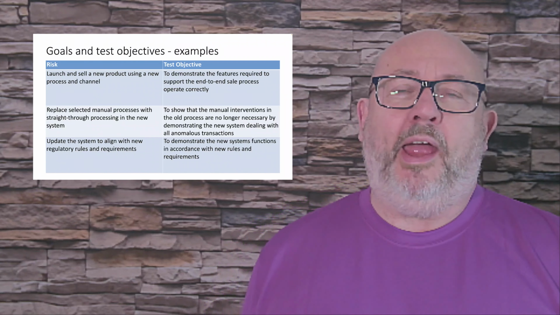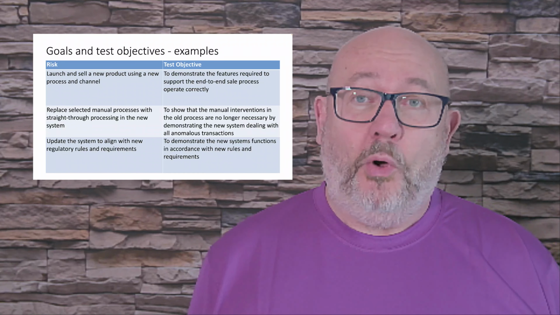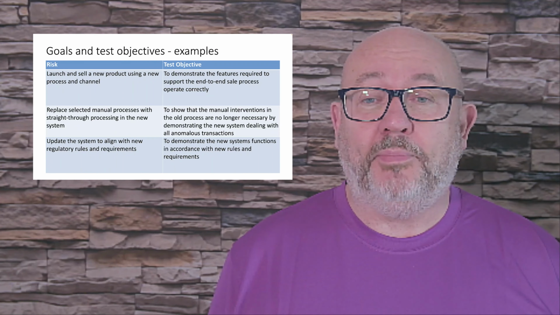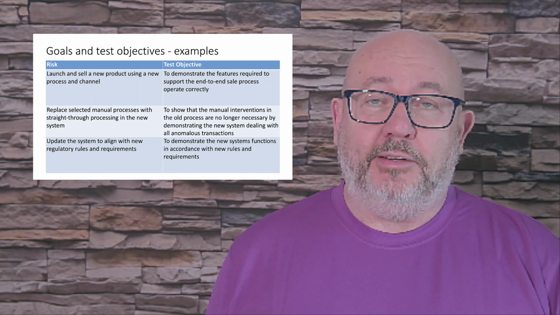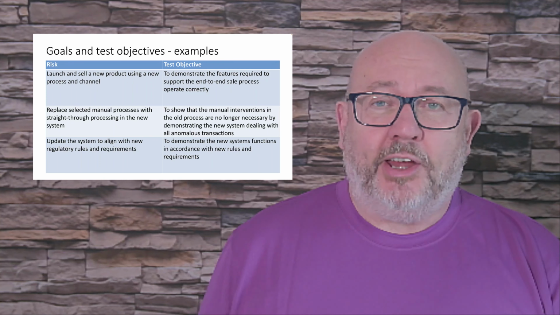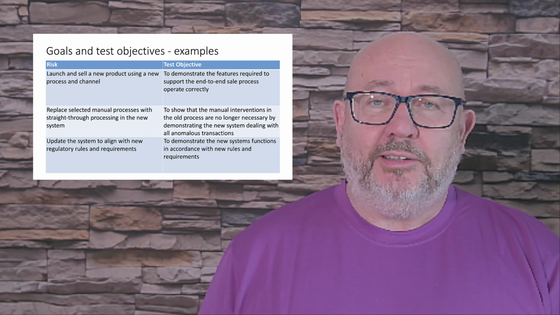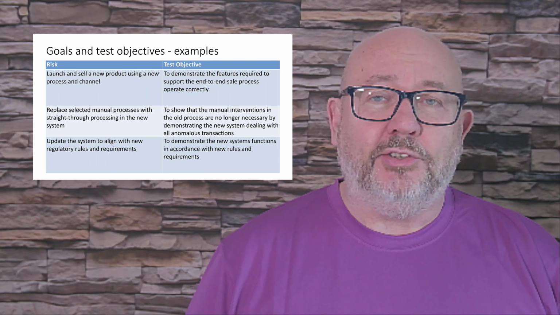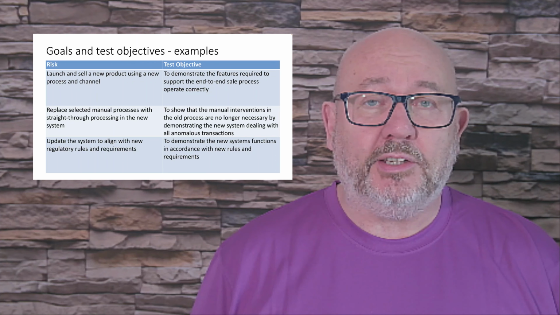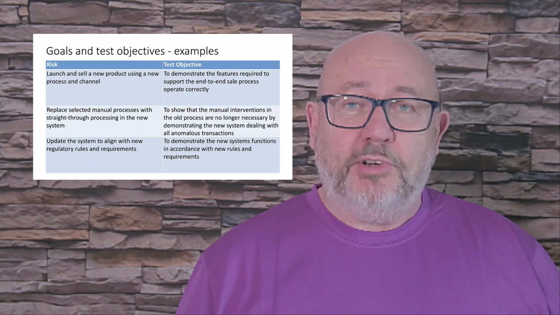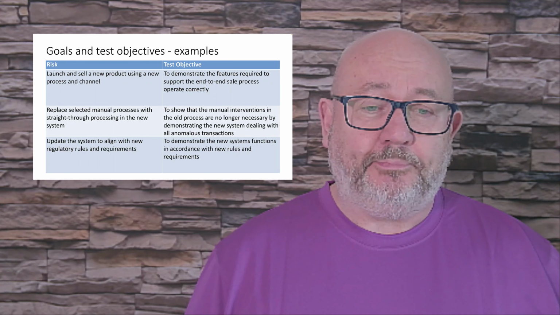That's a long-winded way of saying, does it do what we require to achieve the goal? But essentially the test objectives are demonstrations. It's probably the easiest way to explain as demonstrations. We expect them to pass because we've done all the serious risk-based testing previously.